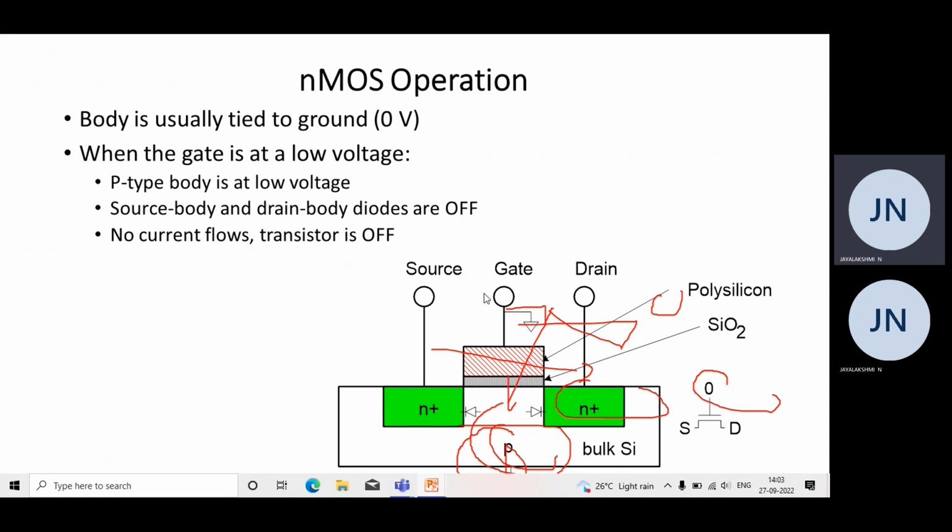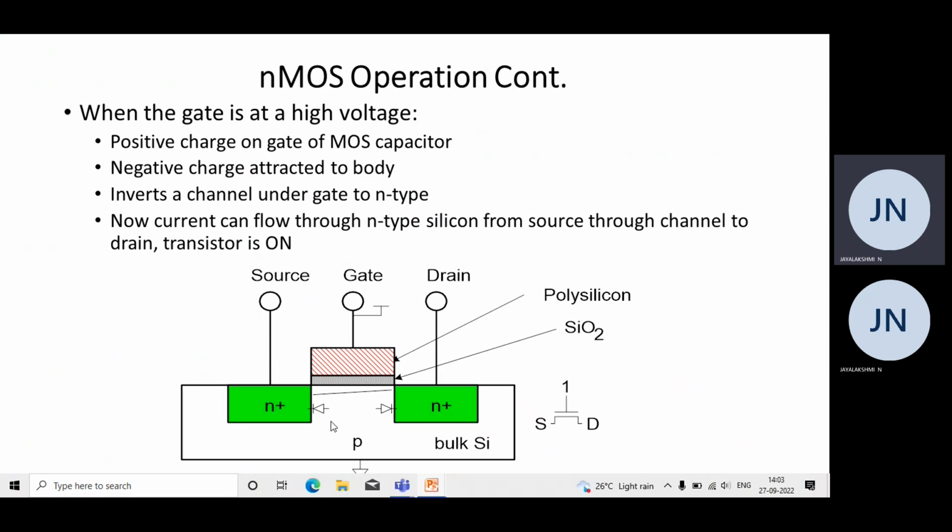Suppose the gate is at high voltage, which means the gate value is 1. Then there will be a positive charge on the gate of the MOS capacitor. The body has holes, so there will be some attraction towards the charge carriers that forms the channel.